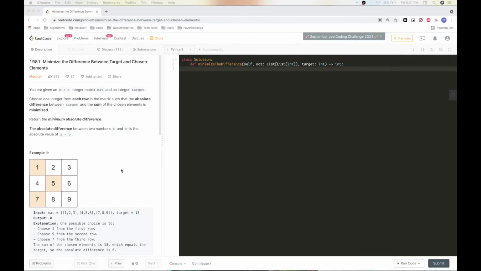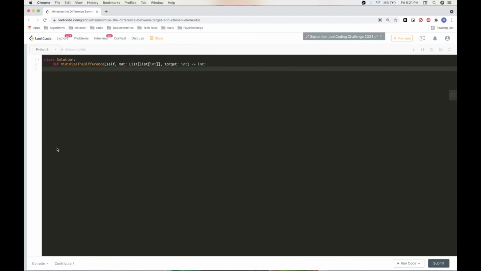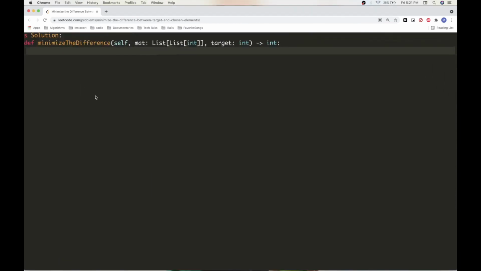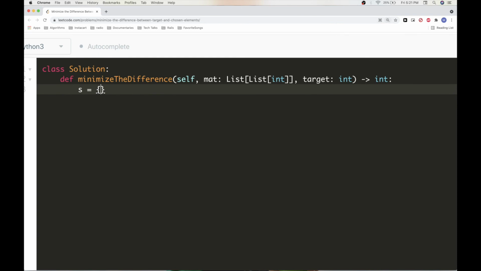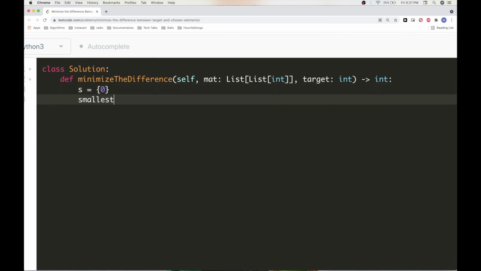Okay, so let's type our improved solution and make sure it passes test cases here. What we said we need to do is we need S, right? Start out with 0, and we need to compute the smallest sum. That would be equal to the sum of all the minimums of each row.